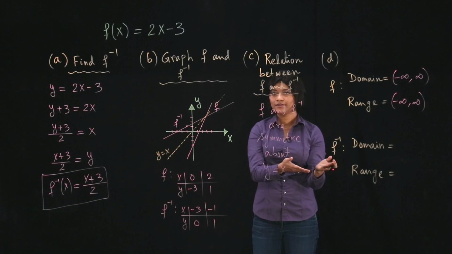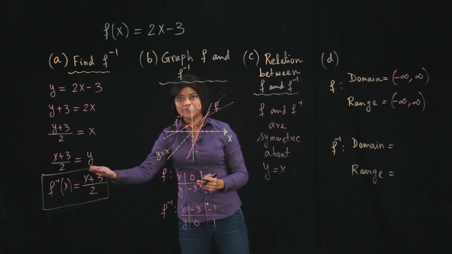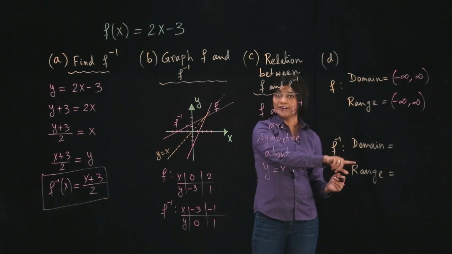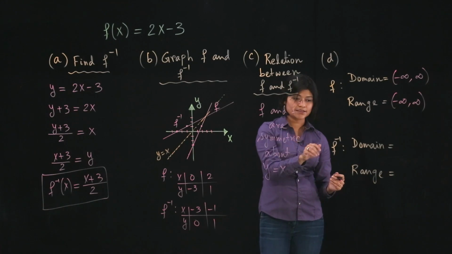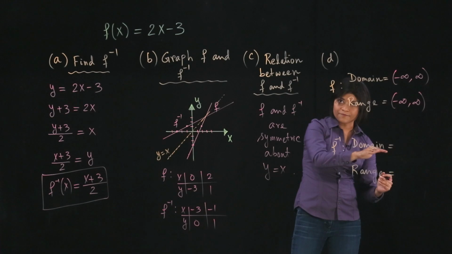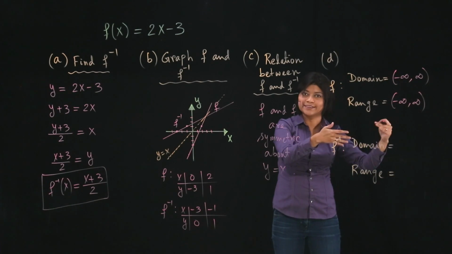What happens for f inverse? Same story. f inverse is also a line. Same thing will happen. But there's another fact about finding domain and range. When it's the inverse of f, the domain of f inverse is actually the range of f. So you can even consider it that way.